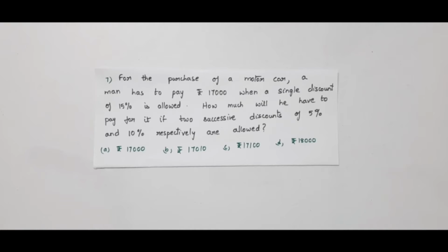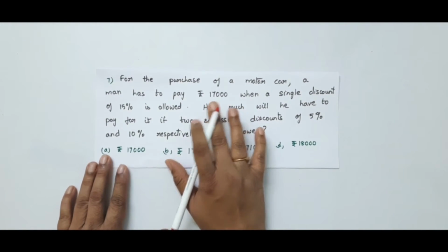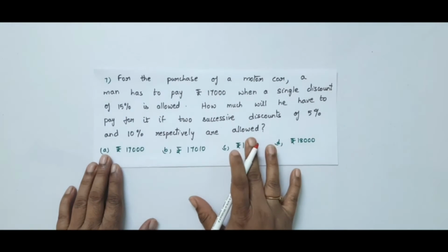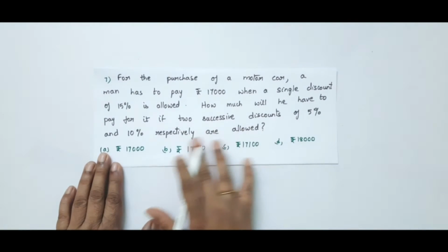Options given: option A as rupees 17,000, option B as 17,010, option C as 17,100, and option D as 18,000. So in this problem, in the first statement he has given the selling price, and he said that there was a 15% discount on this. In the next sentence, he asked to find the selling price for these two successive discounts.